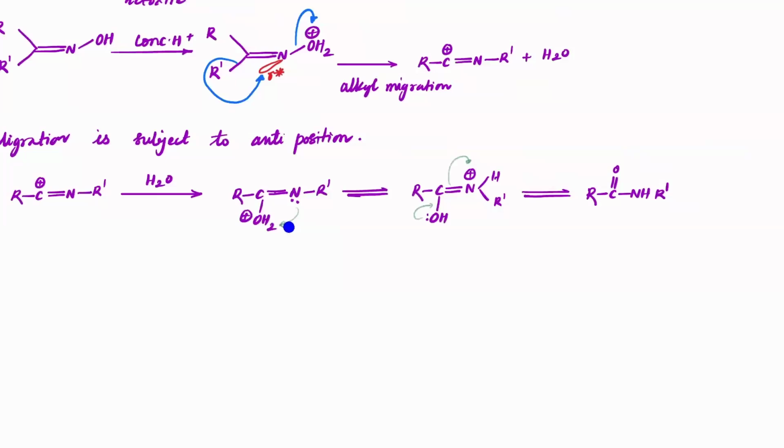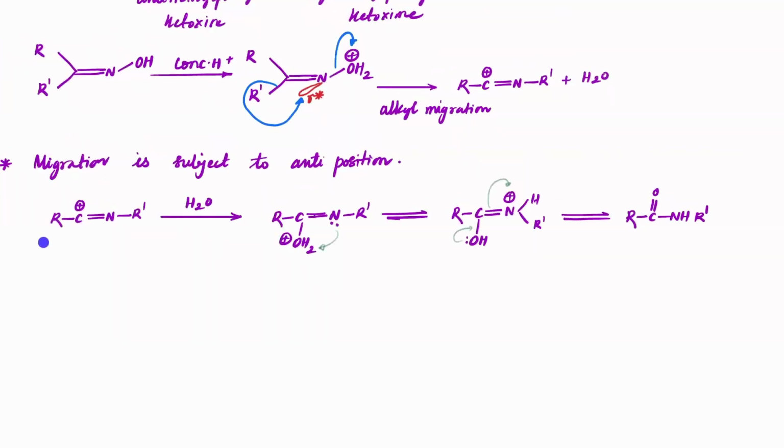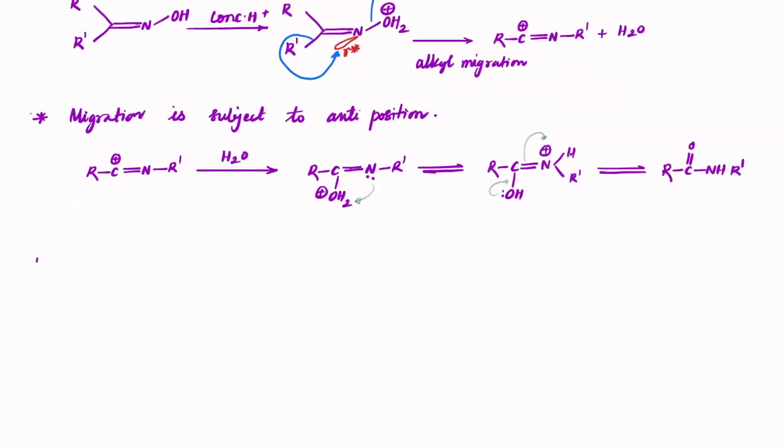If you change just the group positioning, you will have different products. For example, if you have Ph CH3 double bond NOH with H plus, in that case you will report the product as Ph C double bond O NHCH3. This is the product you will report.